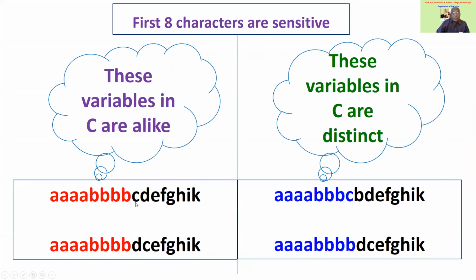The 9th character has a difference, the 10th character has a difference, and there can be differences in other characters also. But the first 8 characters are same, and that is why the C language will treat these two variables as same. Remember this.